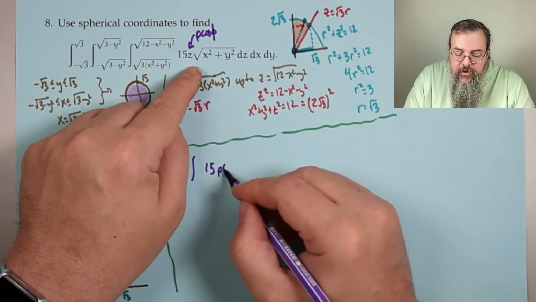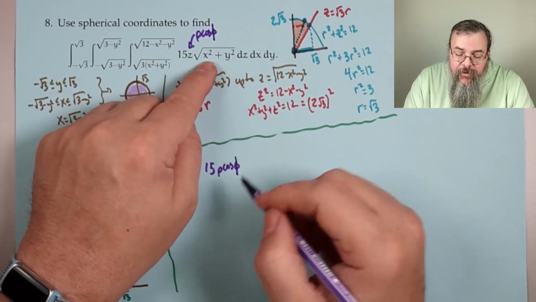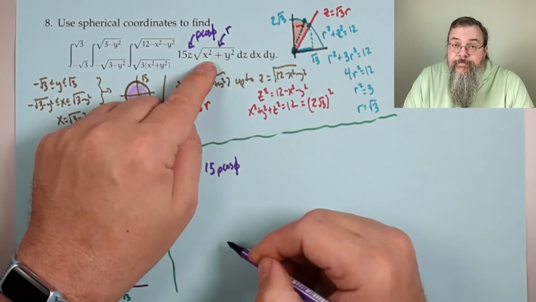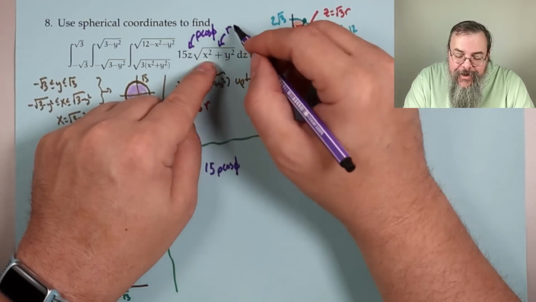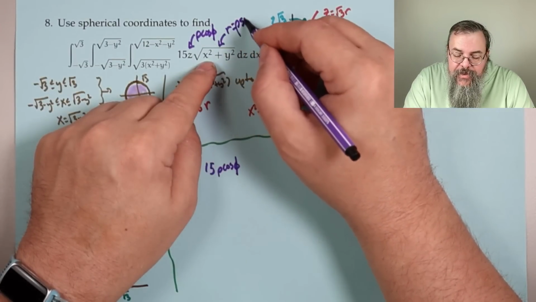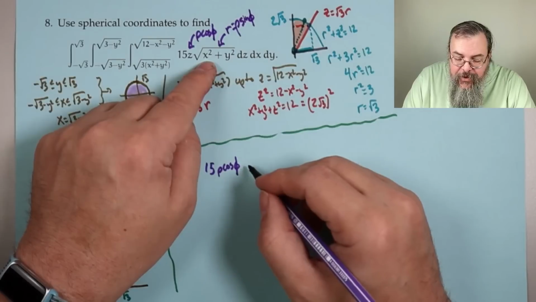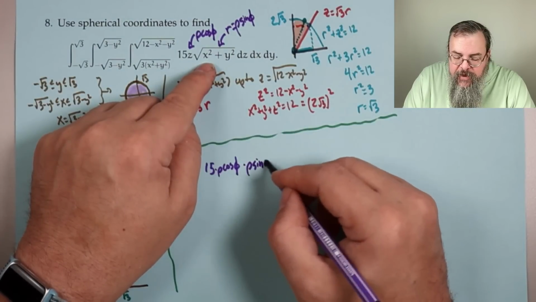We have root x squared plus y squared. Now what's that? Well, that is r. Well, r is rho sine phi. Oh, okay, so that becomes rho sine phi.